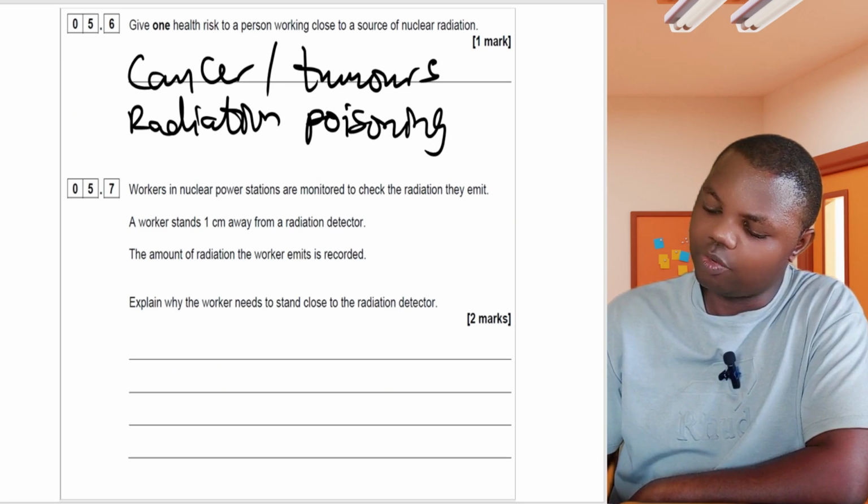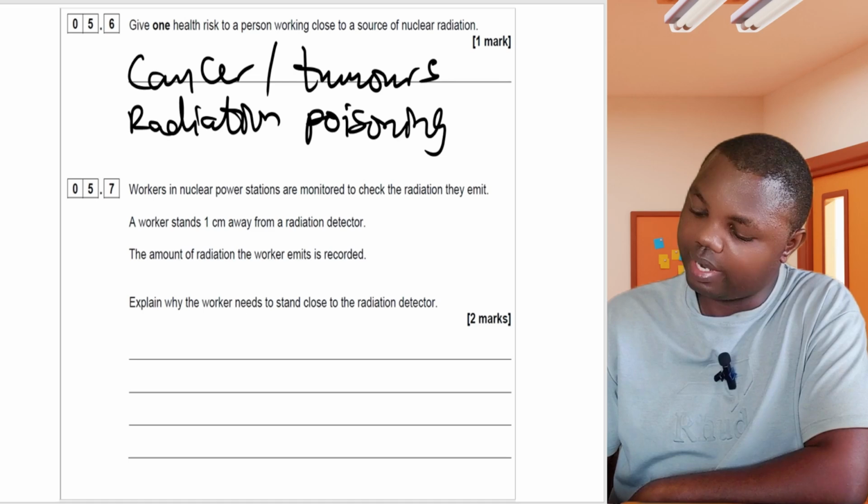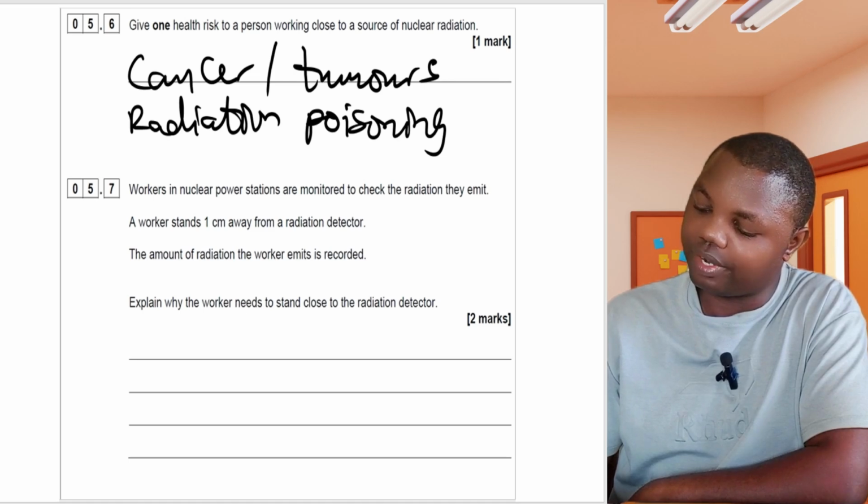Number 7, workers in the nuclear power stations are monitored to check the radiation they emit. A worker stands 1 centimeter away from a radiation detector. The amount of radiation the worker emits is recorded. Explain why the worker needs to stand close to the radiation detector.